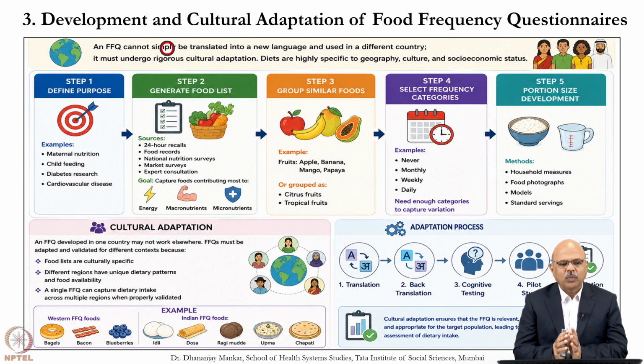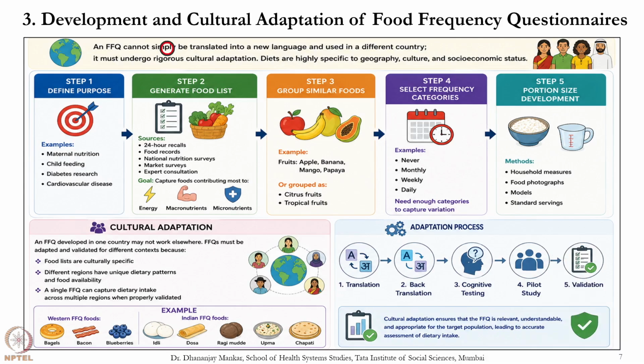Western foods are examples like bacon or blueberries or bagels, while Indian foods are more specific, such as chapatis, upma, ragi, dosa or idli, where the cultural adaptation ensures that the FFQ is relevant, understandable and appropriate for the target population that you are trying to assess.